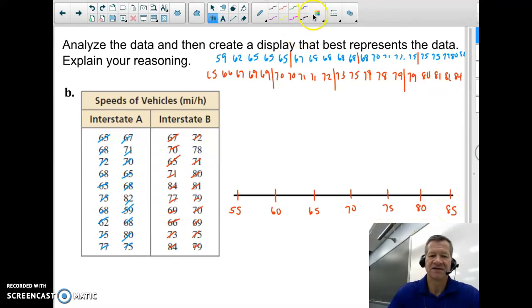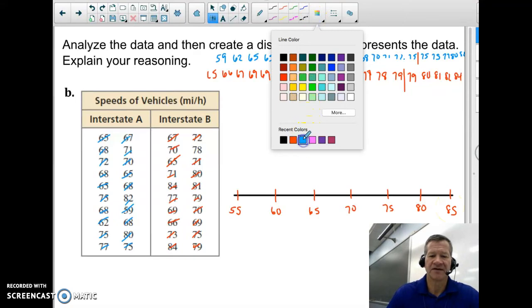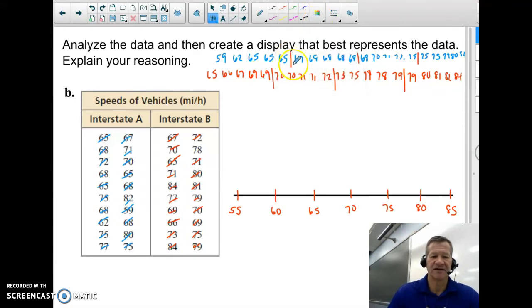So let's start out with making the plot for the blue set of data, the interstate A. So I'm going to mark the minimum, which is at 59, that's the lowest. Then the highest is up at 82, so right about there. And then I'm going to connect those with a line. And we all know how I am drawing horizontal lines.